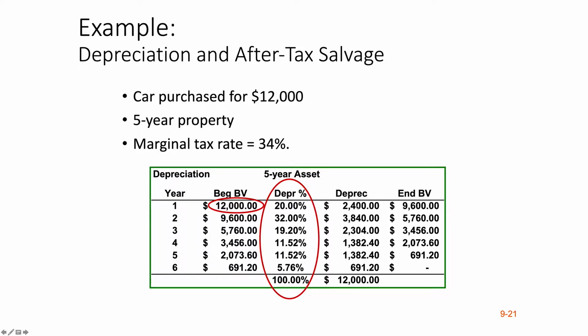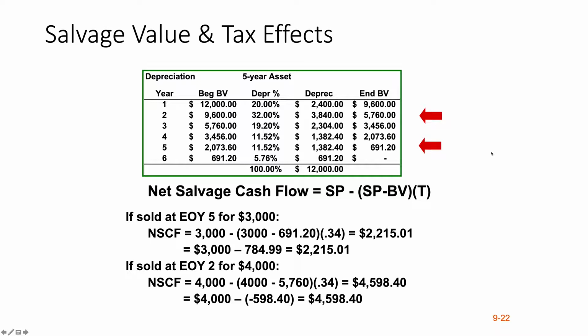But on the book value, for example, at year 6, at the end of the 5-year, it is worth $691. So you still have $691 on the book. Now let's look at if we sell this machine at year 5 for $3,000.